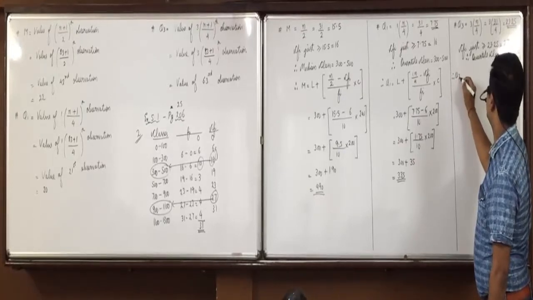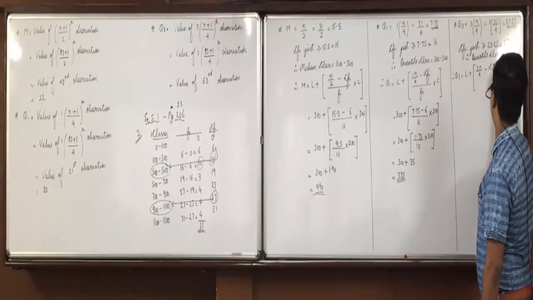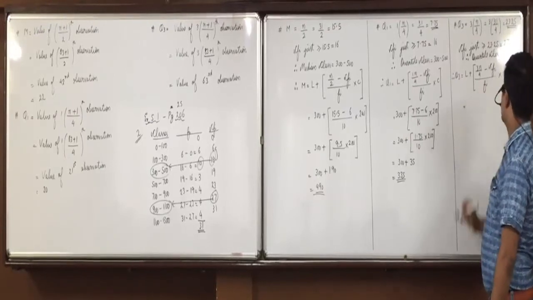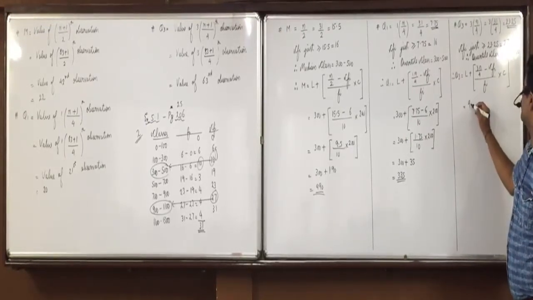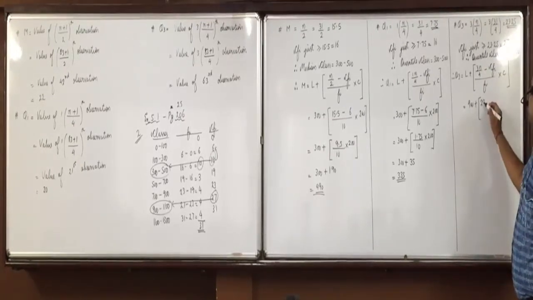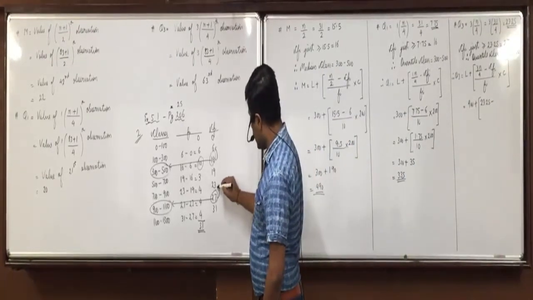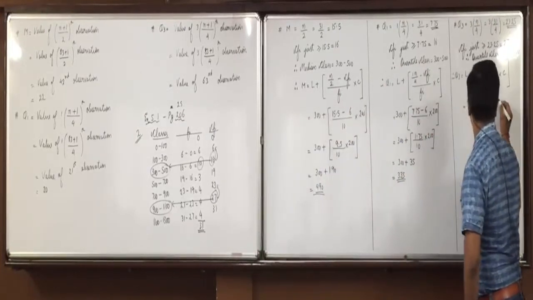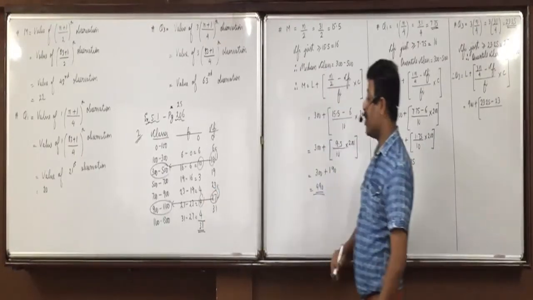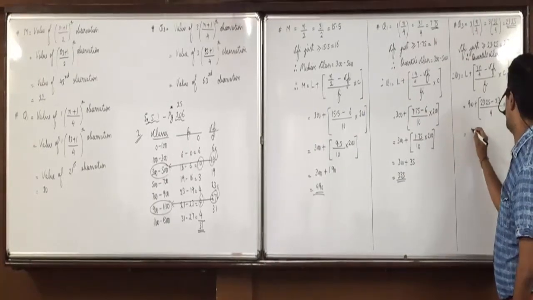Now Q3 is equal to L plus 3n by 4 minus CFI upon Fi into C. So L is 900 plus 3n by 4 from the first step is 23.25 minus CFI of preceding class is 23 upon Fi of same class is 4 into class length of 900 to 1100, which is also 200.